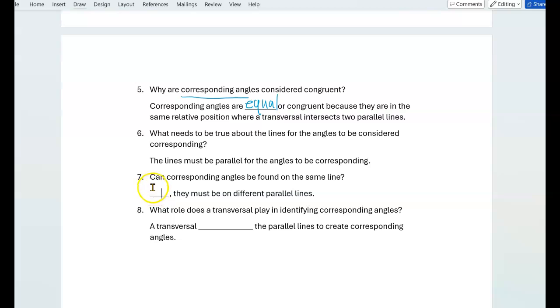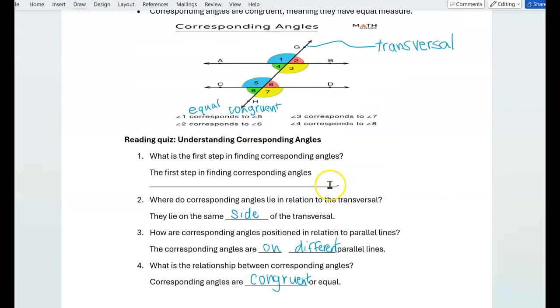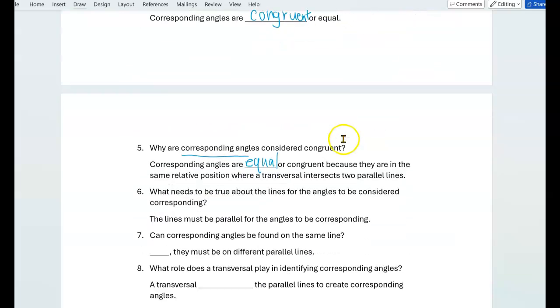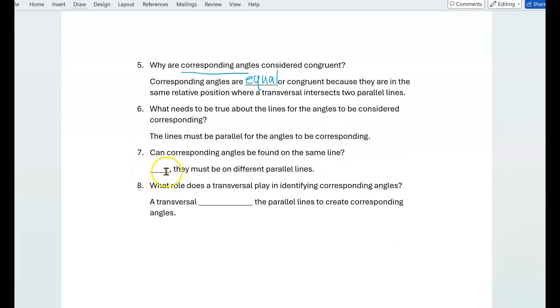The question is again, can corresponding angles be found on the same line? 1 and 5 are corresponding angles. Are they on the same line? No. 2 and 6 are corresponding angles. Are they on the same parallel line? No. So what do you think? What needs to go here?